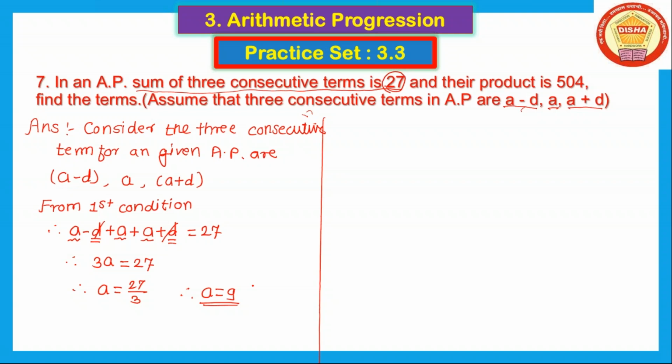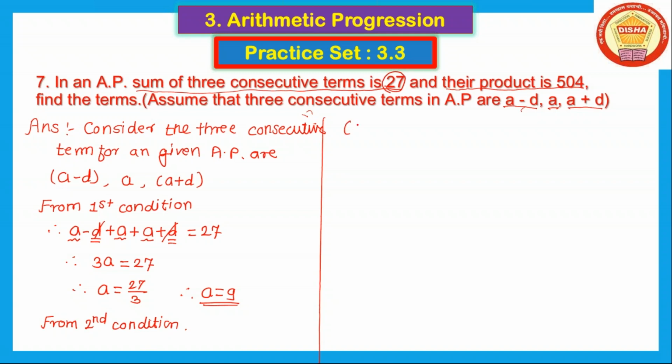Then again see what the second condition is. Their product. Means we have to take the product of these three consecutive terms. That product is 504. So we again write here, from the second condition, that is the product.